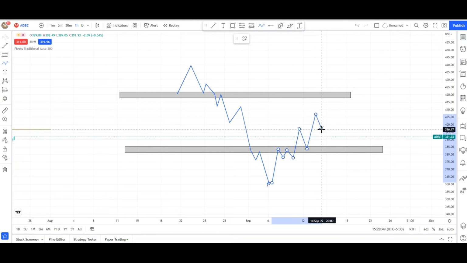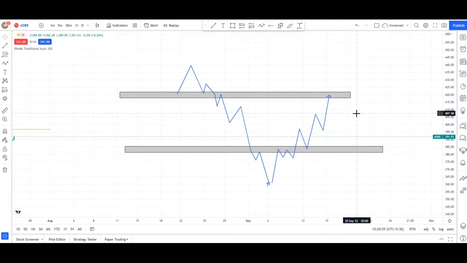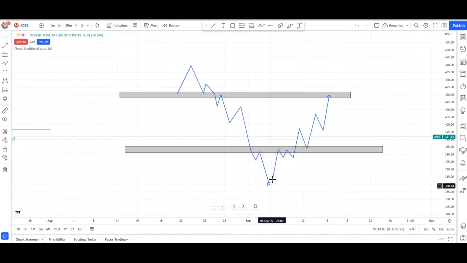Okay guys, this once again acted as a resistance, so this will act as one of the major supporting areas. Okay guys, like this the downtrend is shifted to uptrend. You know that these are the swings, so this has come downside. Right now this will act as a resistance.